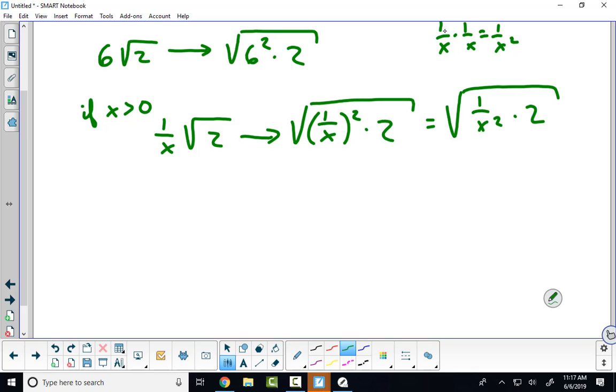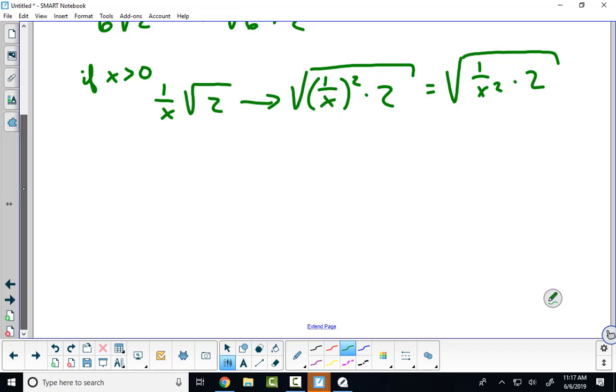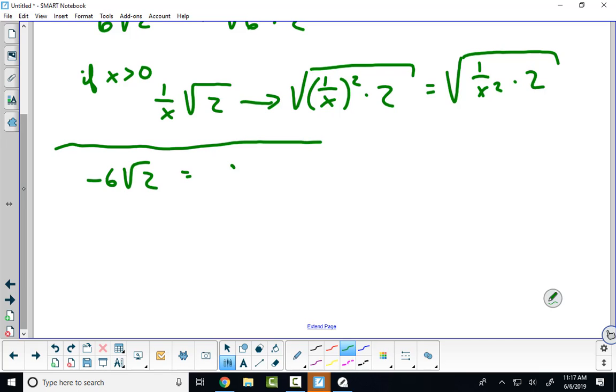Question? Is it only applicable if x is greater than 0? Correct. Let's go the other way. So what about if x is negative? Well, before we do that, let's look at this example here. If I want to take negative 6 square root of 2, and I want to push that negative 6 inside the square root, one way you could think about saying, okay, well, there's the negative 6 quantity squared times 2.